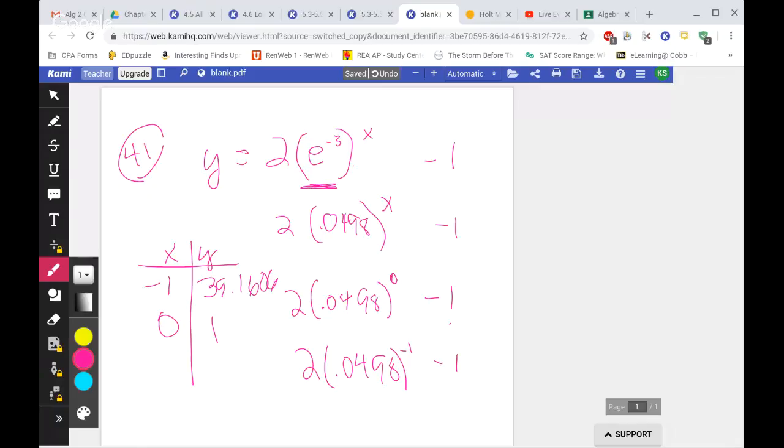Let's see. That's negative 0.9004. So I don't know. Those are some wicked looking points there, you know?